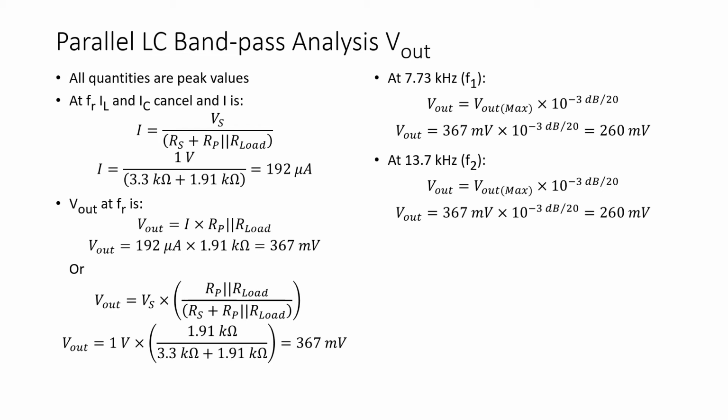And the output voltage at the lower and upper cutoff frequency can be calculated by taking Vout max times 10 raised to the negative 3 divided by 20 power, 260 millivolts for the output at F1, 7.73 kilohertz, and F2, 13.7 kilohertz.